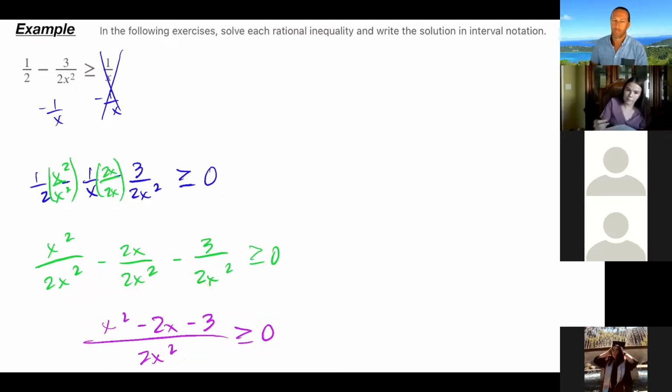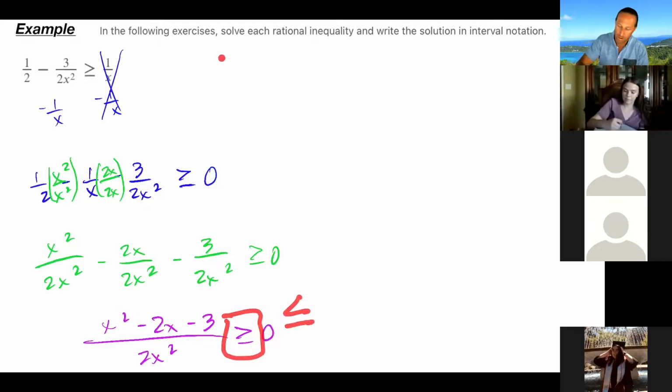Now remember, the only thing you got to be careful with inequalities is if you multiply or divide by a negative. Remember, if you multiply or divide by a negative, that's going to have the opposite effect. Everything will change to the opposite sign, which means you also have to switch this to the opposite.